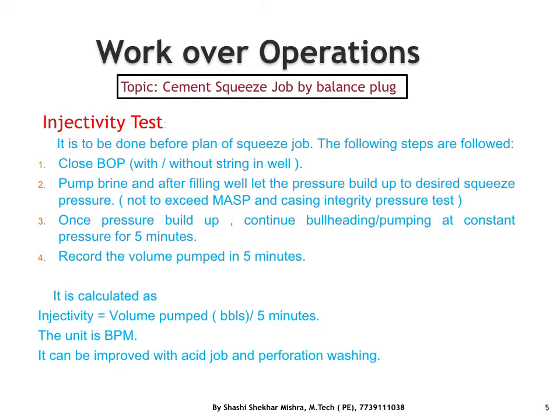So for injectivity, the total volume pumped divided by the time of 5 minutes can be expressed in the unit of barrels per minute. In many situations, if the injectivity is poor, we may need to clean the perforation with an acid job, and normally this is done just before the placement of the cement squeeze.